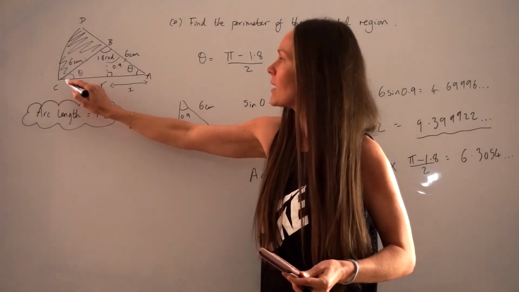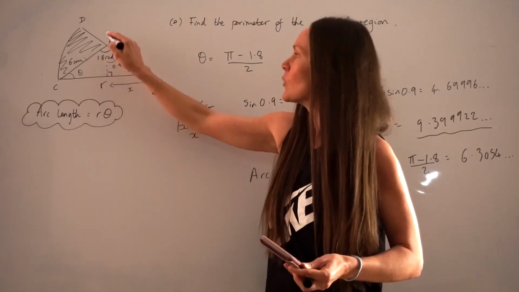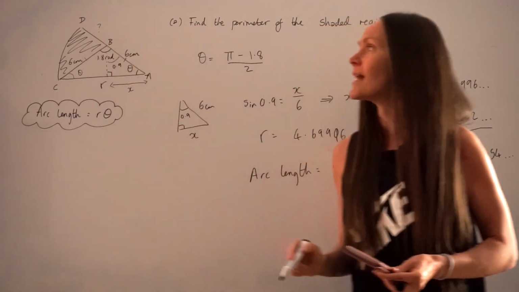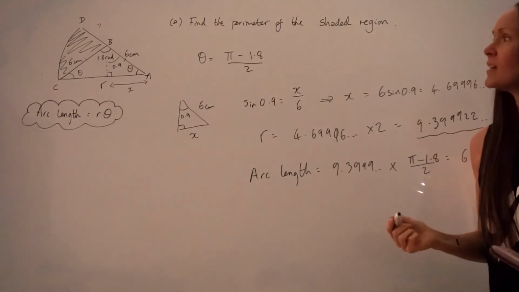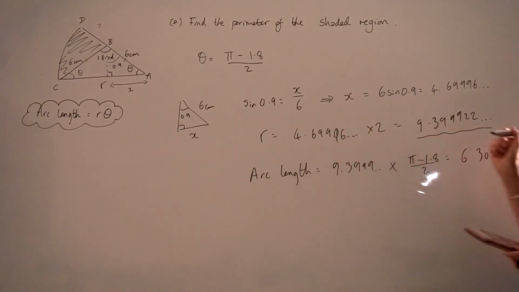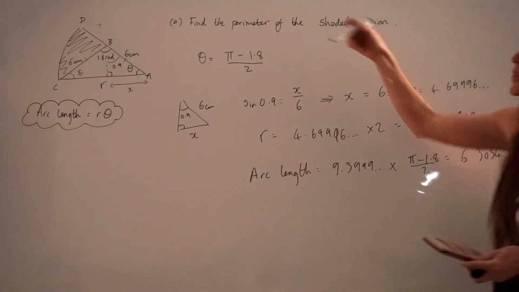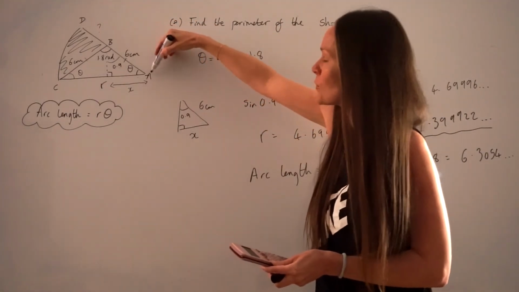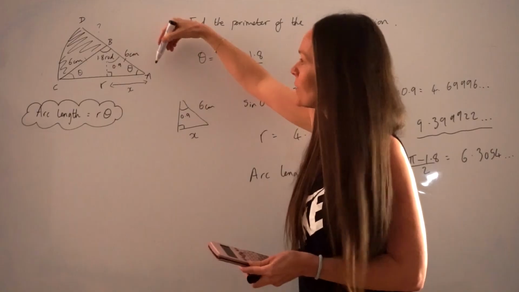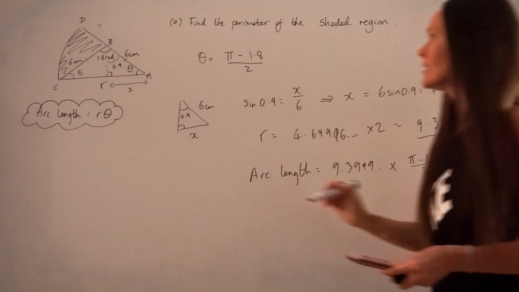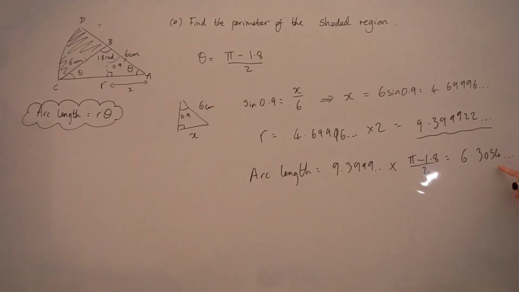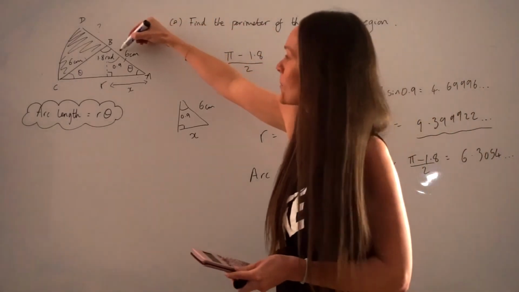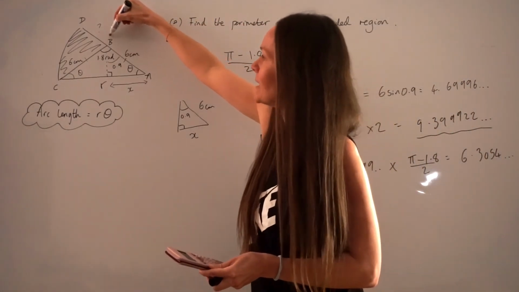We also have this length here, which is 6. So all that's left now is to work out the length BD. This isn't too difficult because we just worked out the length of the radius. So we know this length here, because this is also the radius, it's the same. So if this entire length here is also 9.3999 and so on, all you have to do is subtract 6 and you'll be left with this value here.